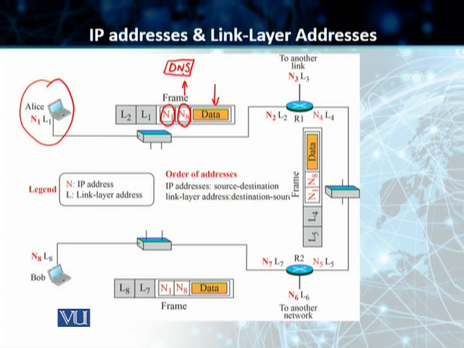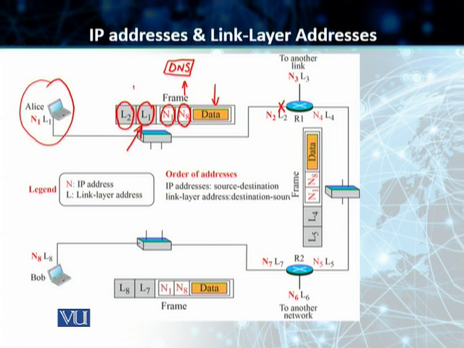Students, a second question is, how will Alice know what the link layer address or the physical address of the next node is? So basically, L1 is the link layer address or the physical address of Alice itself. And then L2, how will Alice know what the physical address of this particular router or this particular interface of the router is?